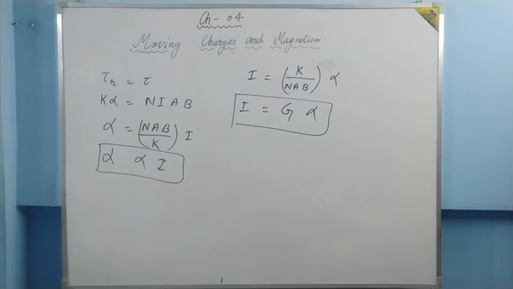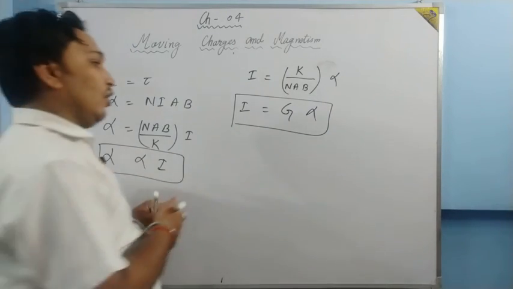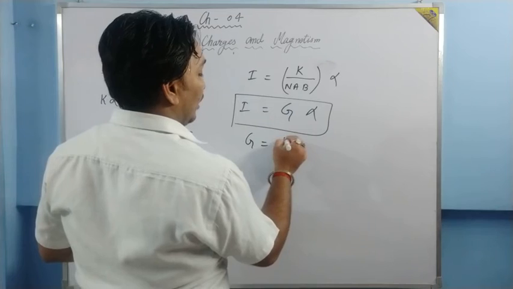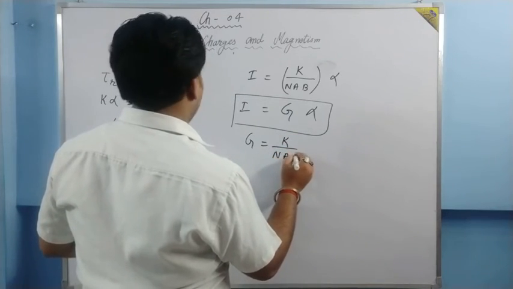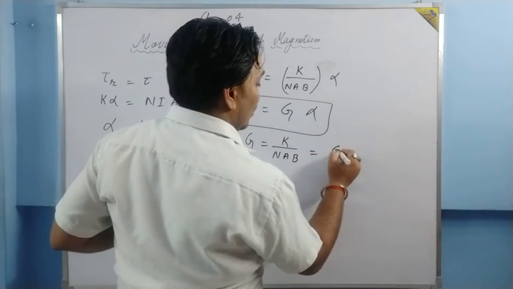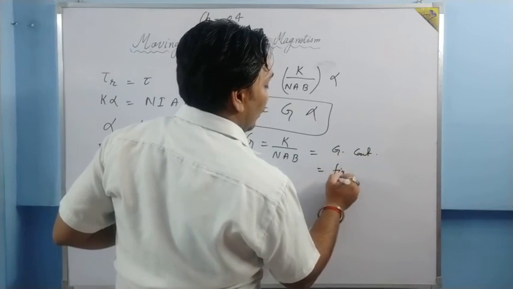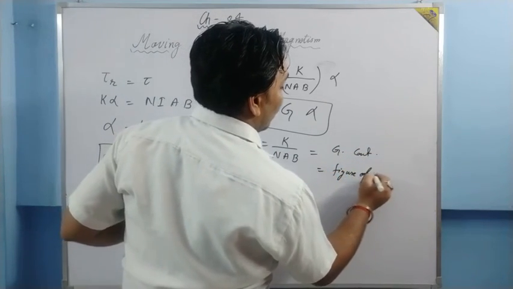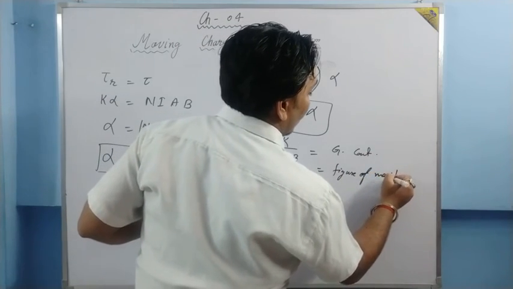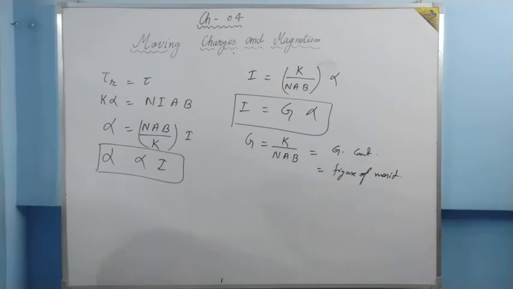G is equal to K upon NAB, which is called the galvanometer constant, or it is also called figure of merit. Is it clear?